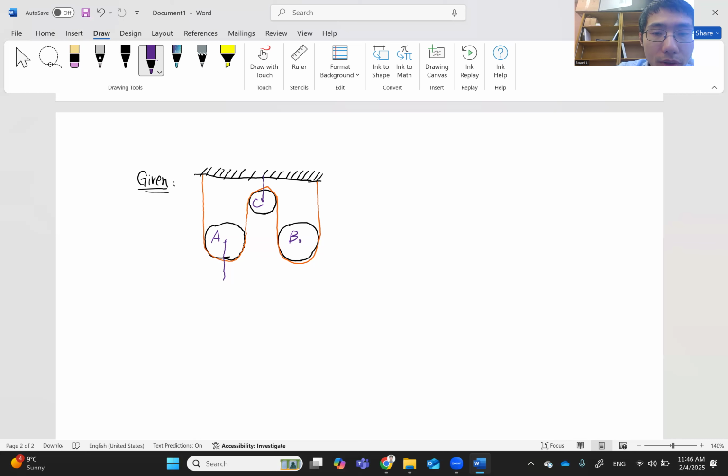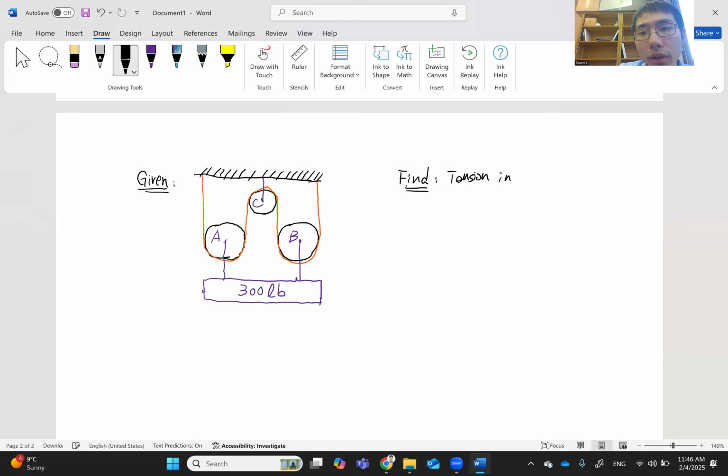C is hanging on the ceiling, and A and B each have a cable attached to them and connected to an object with weight equal to 300 pounds. You are supposed to find the tension in the cables.